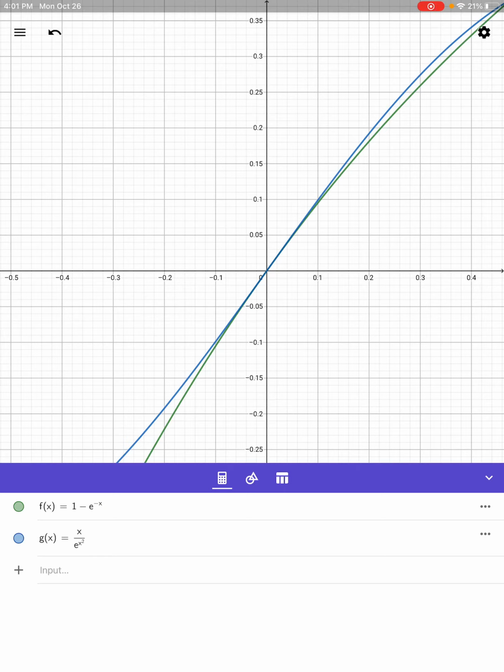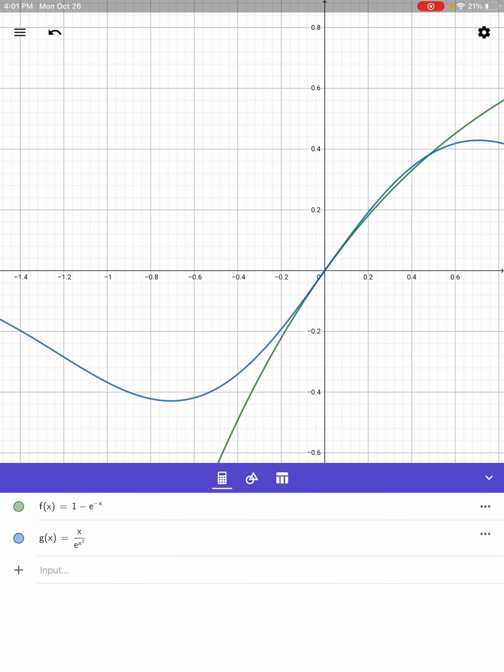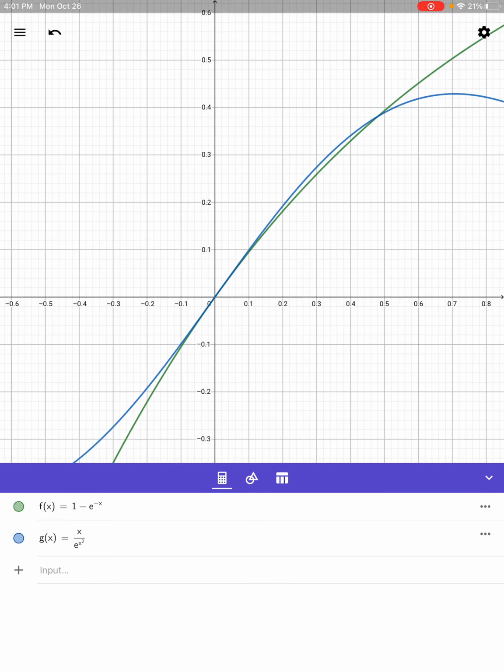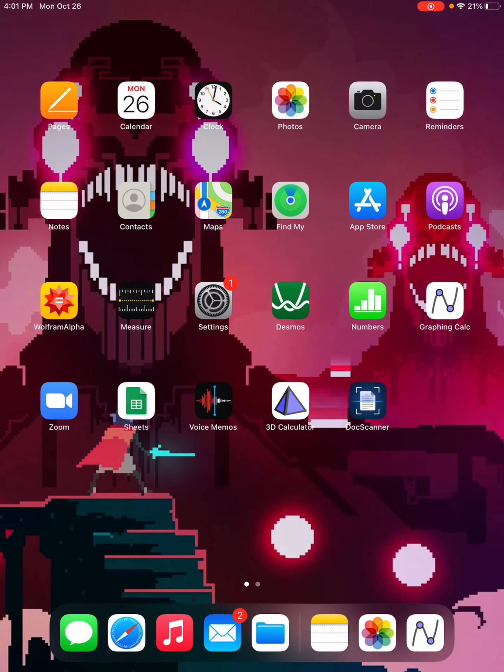Actually, no, that would work. So notice the blue line is actually more in both directions. If I'm on the negative side, the blue line is still higher than the green line, because in the negative direction I would still be subtracting larger amounts for that first term, which is going to make the green line less. So for x near 0, the blue line, or x e to the x squared, is greater.